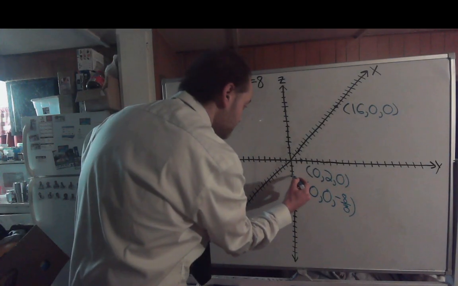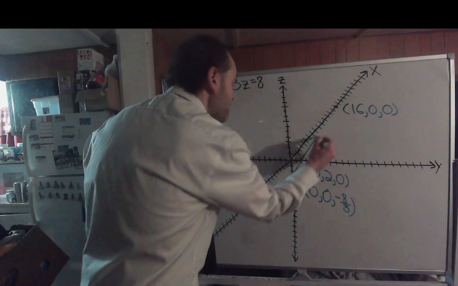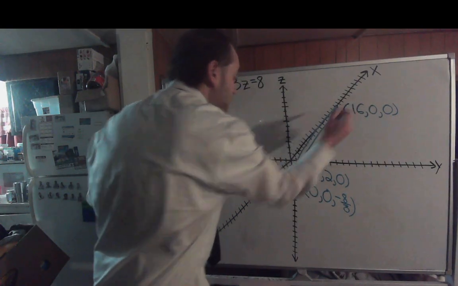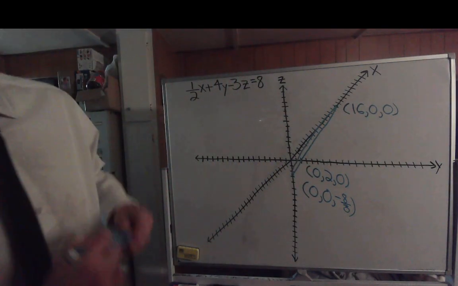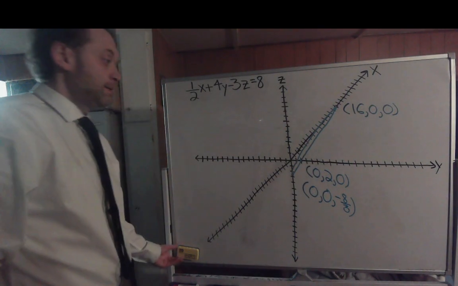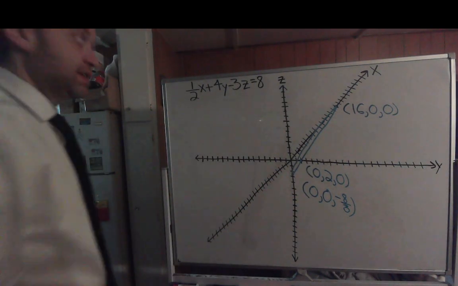Now you just connect your dots. And you get a very funny shaped triangular plane region. So yeah, we actually went a little bit into the negative z-axis there.